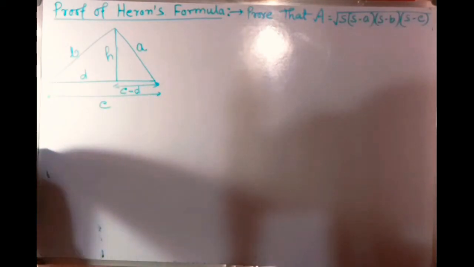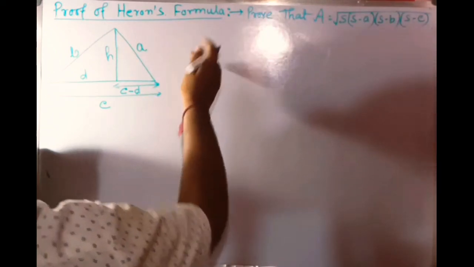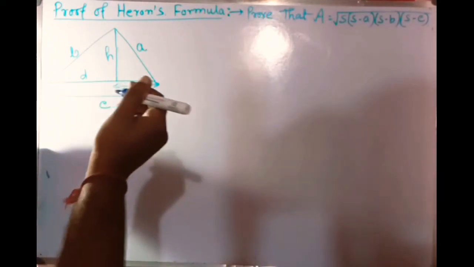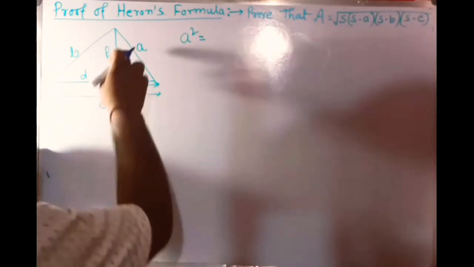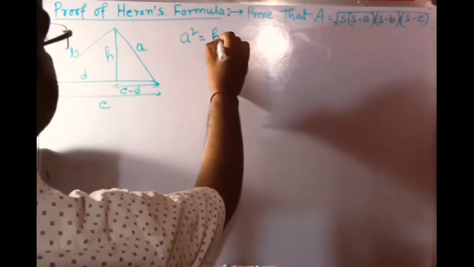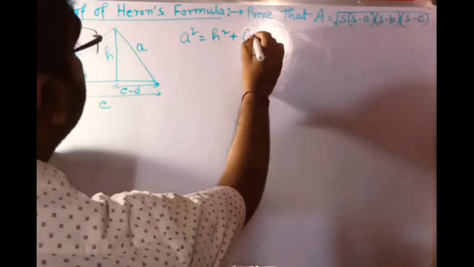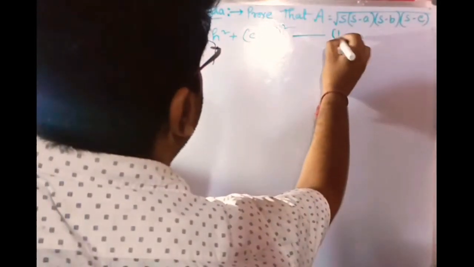So from here we can write that a square is equal to h square plus c minus d whole square. This is equation number 1.